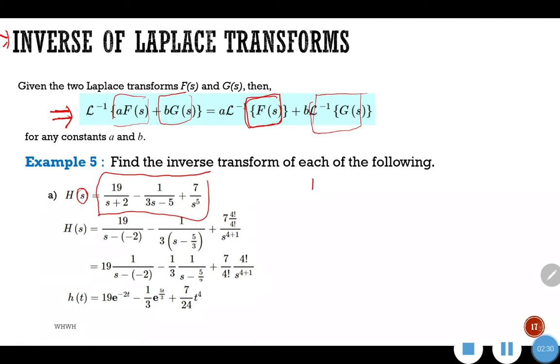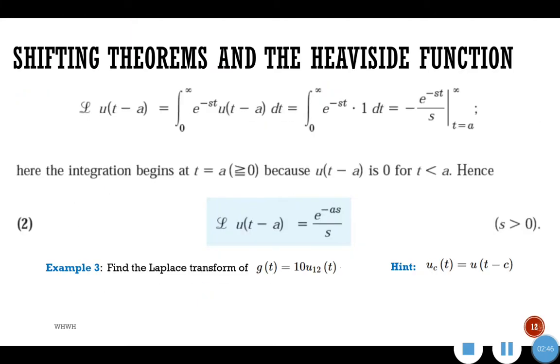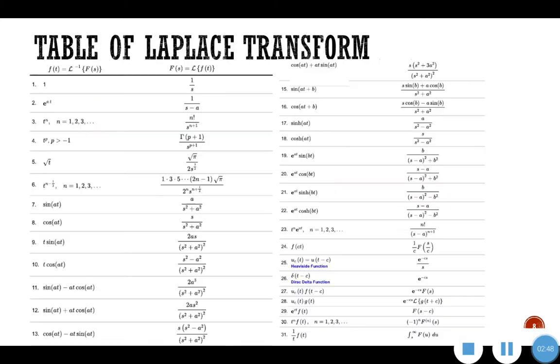Okay, kita tengok dulu yang first term ni, kita ada 19 over s plus 2. Kalau cara saya, what I do is, I will get back to the Laplace table. Okay, kita tengok kita punya Laplace table. Tadi kita ada 19 over s plus 2.